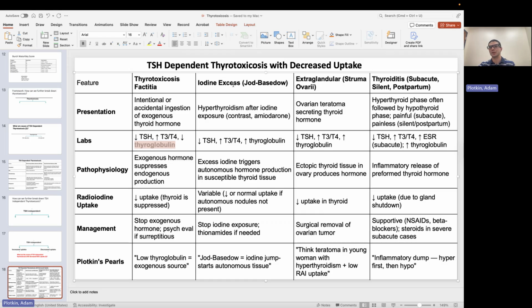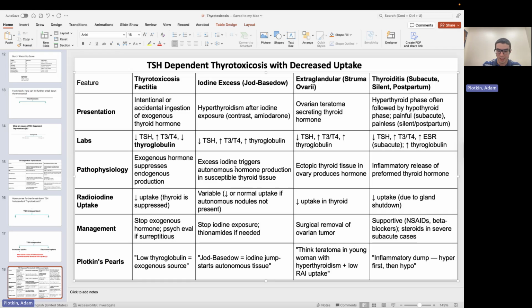My iodine excess, the Jod-Basedow phenomenon, is hyperthyroidism after iodine exposure. It could be just they get a huge bolus of iodine, they get radioiodine contrast, or amiodarone can cause this too. Amiodarone contains two iodide molecules, so when we give it in high enough amounts, it can actually cause this. So again, we'll see high amounts of T3, T4, low TSH, and in this case, high amounts of thyroglobulin.